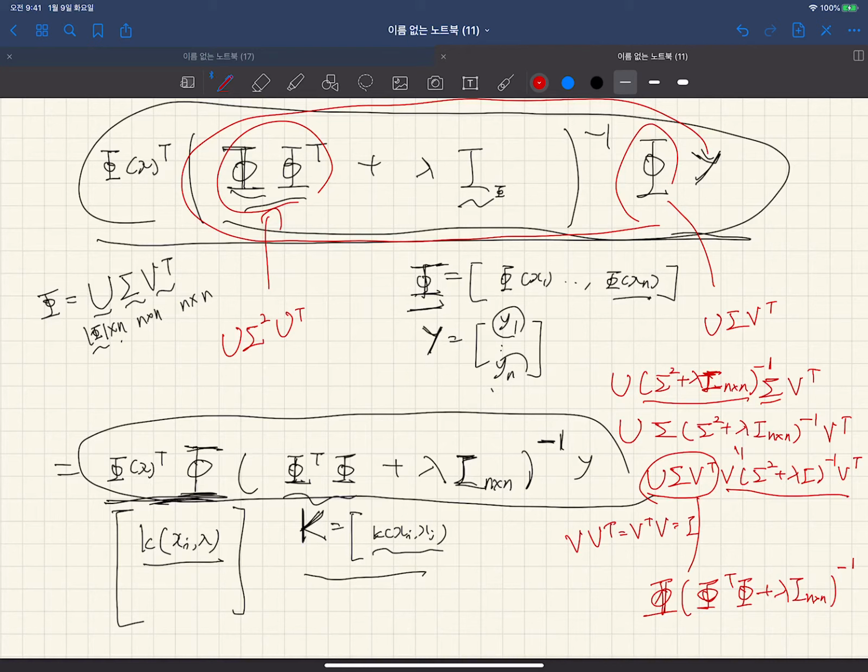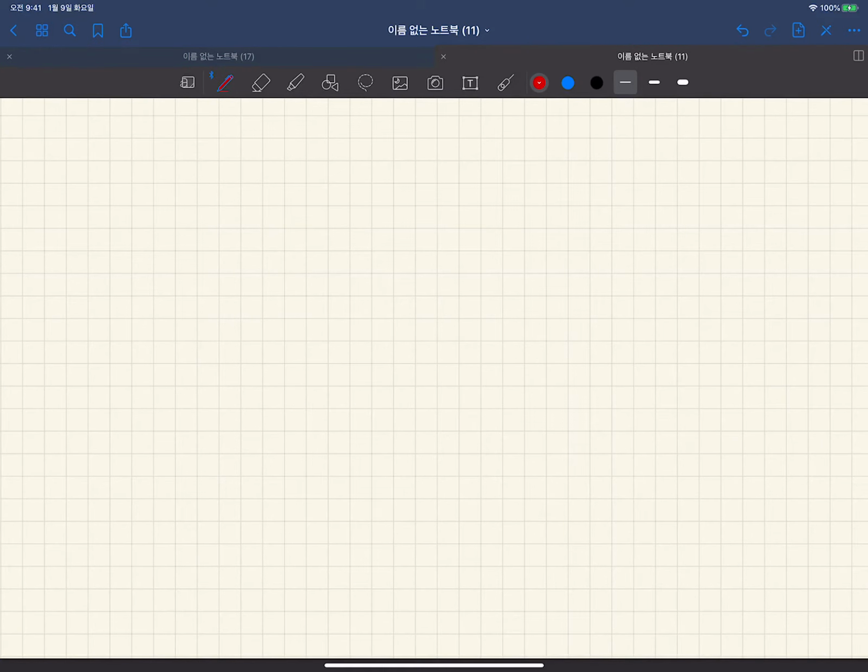And essentially this ridge regression is almost the same as GP, the Gaussian process. So Gaussian process is a Bayesian approach.